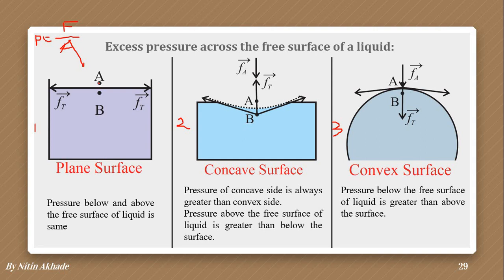The particle considered at this location has a tangential force on the right hand side and a tangential force on the left hand side of the same magnitude but opposite in direction. So they balance and cancel each other, and the surface will be a plane.